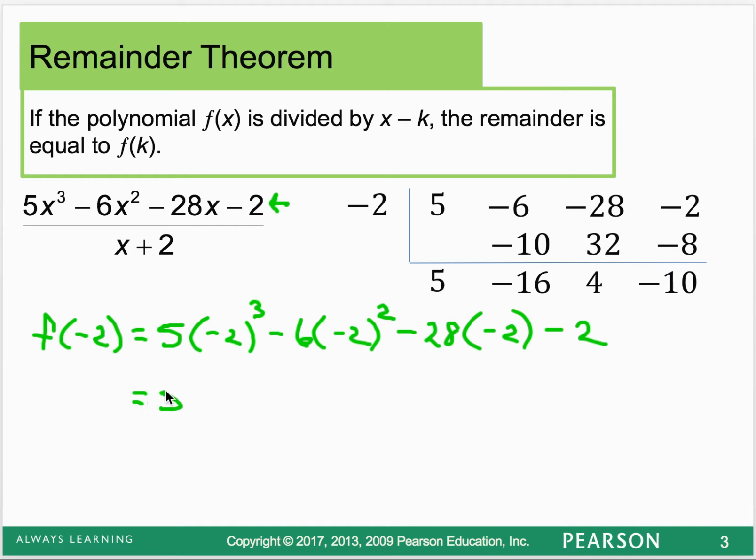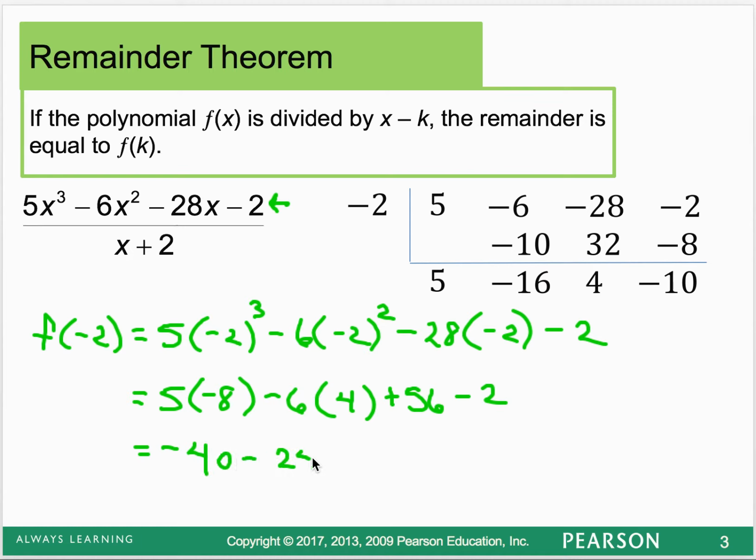So this is 5. Negative 2 cubed is negative 8. Okay. Negative 2 squared is 4. And then I can go ahead and do this, negative 28 times negative 2, so that's positive 56 minus 2. All right, just continuing to do our basic math. So here we have negative 40 minus 24 plus 56 minus 2.